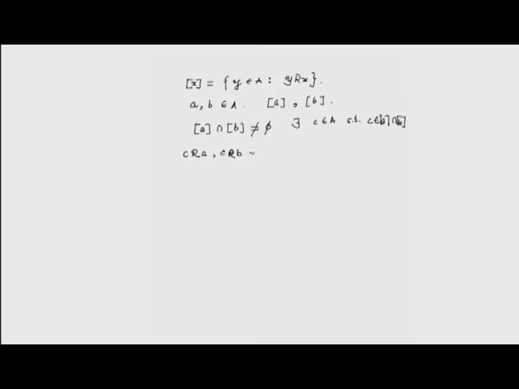Now, this implies that a is related to c and c is related to b, since R being an equivalence relation is symmetric. Therefore, I can switch a and c, they are symmetric. c related to a means a related to c.